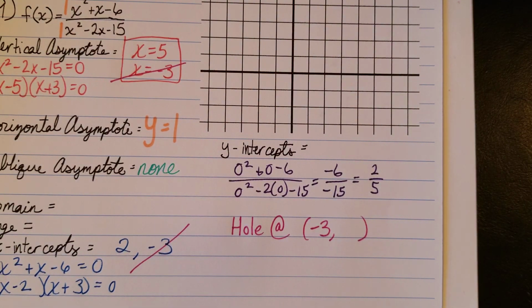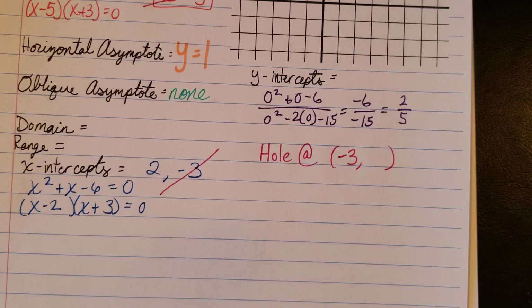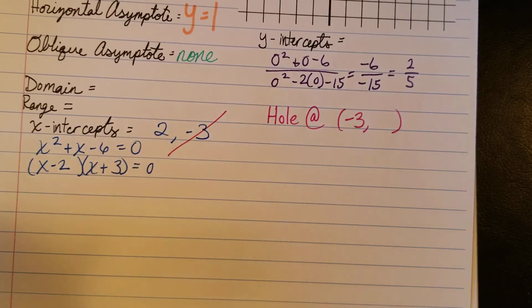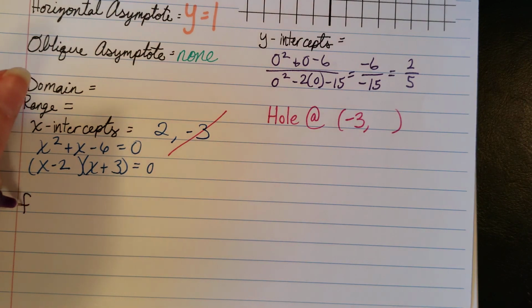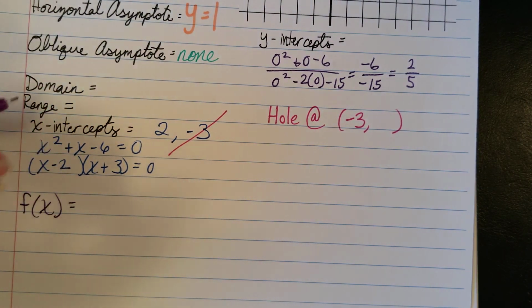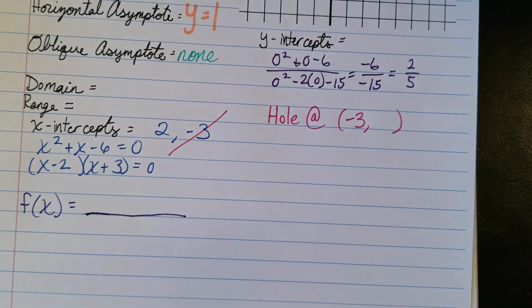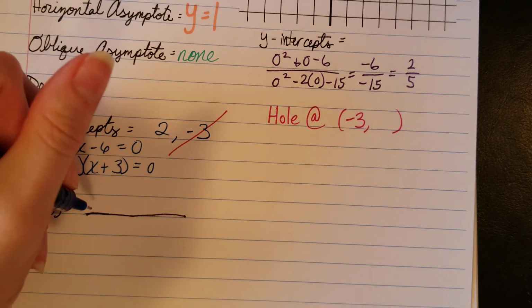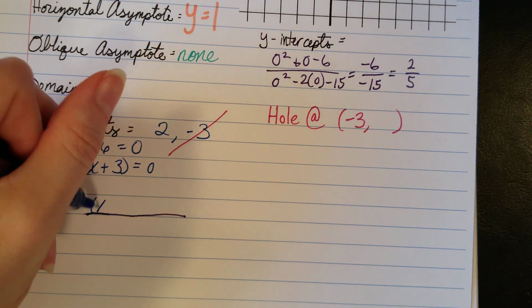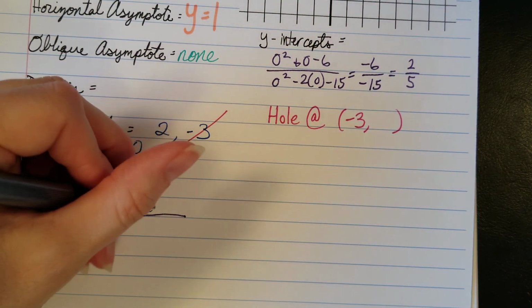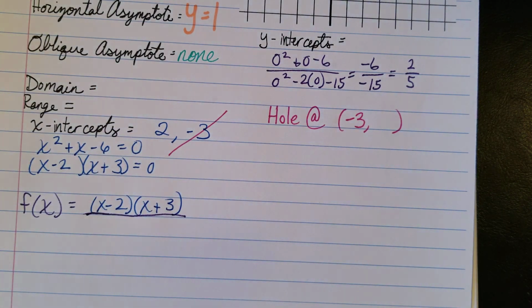All right, so let's look at our function. Let's basically write down our function in factored form. We've already factored both denominator and numerator. When we factored the numerator, it was x minus 2 times x plus 3.